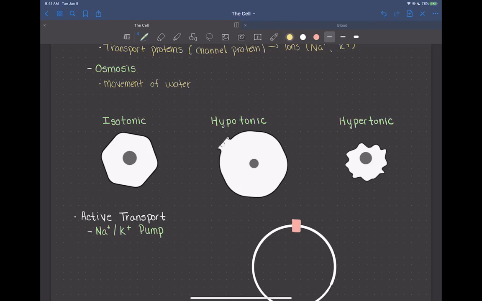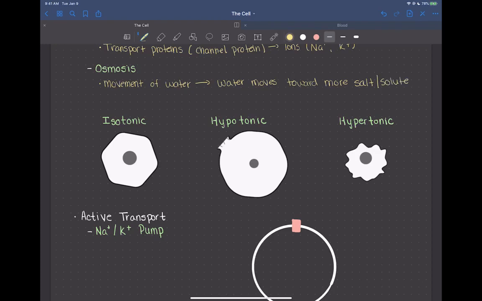I always find that a little harder to visualize with osmosis, and so I prefer to say that water always moves towards more salt, or more solute, really.